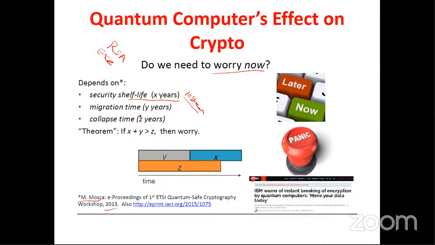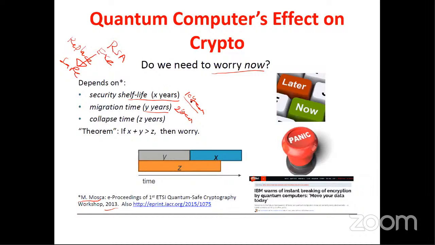And if this quantum computer comes in this duration, then how much time does it require to replace those systems which are under threat? Migration is basically replacing the current systems which are not secure with safe systems. So migration time Y is, let's suppose, 2 years. So what is X plus Y?